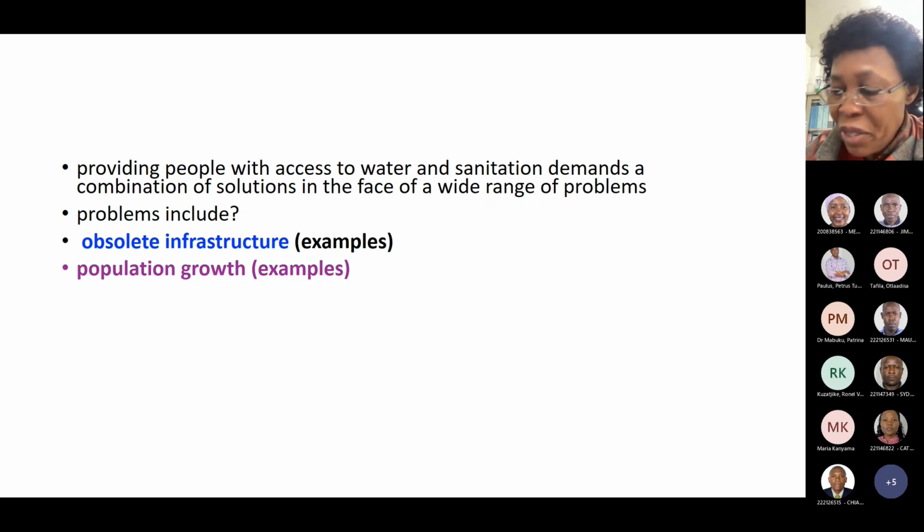Censuses are conducted every 10 years. I don't know of a country which conducted a census 10 years ago and 10 years later realized population decline. I believe we are all on an increasing trend.